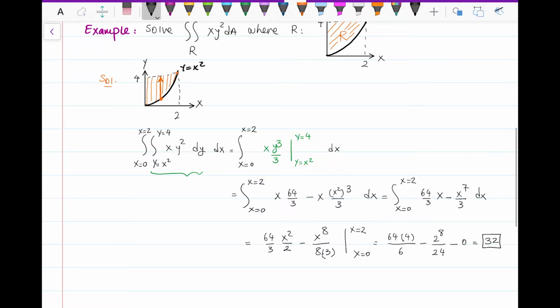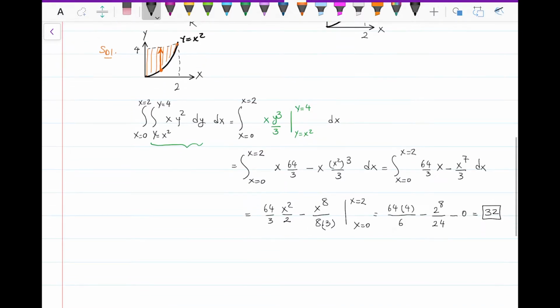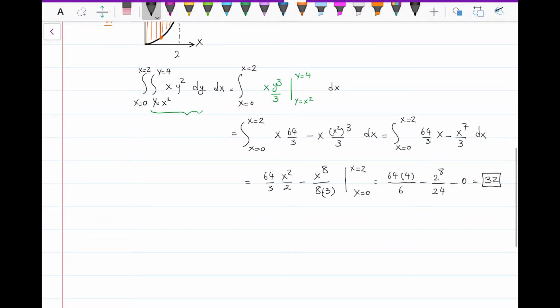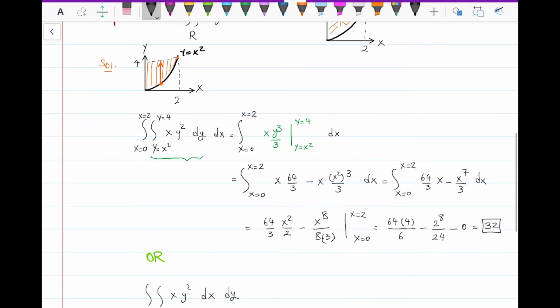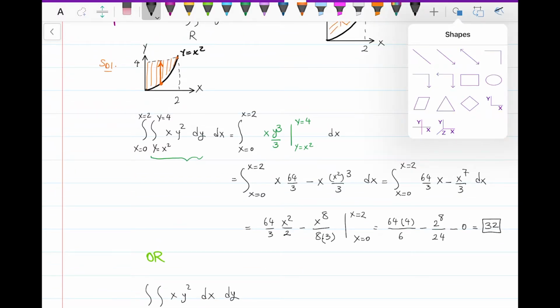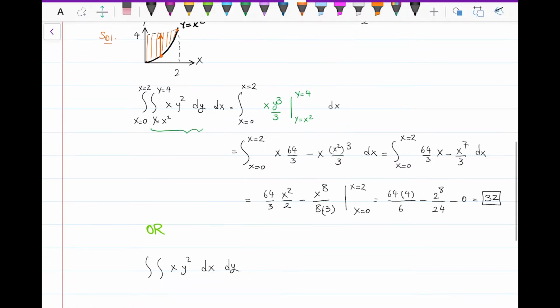Now, let's set up the same integral, but with respect to x first. Or we can say the double integral of x y squared, now dx dy. Okay? Let me kind of graph the region one more time.